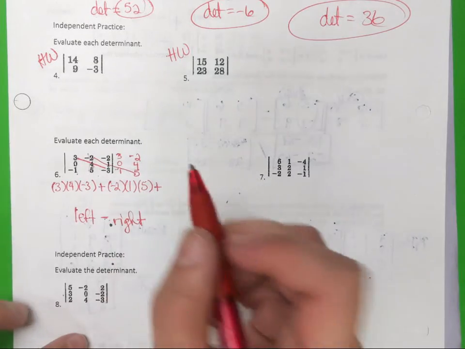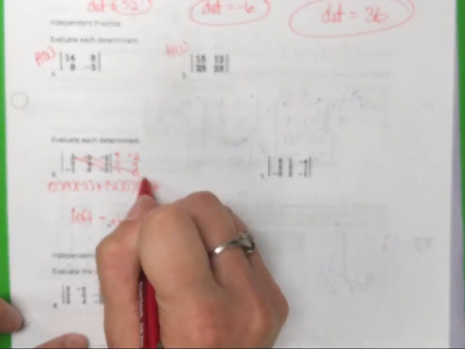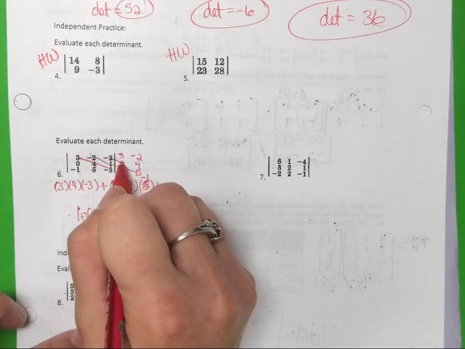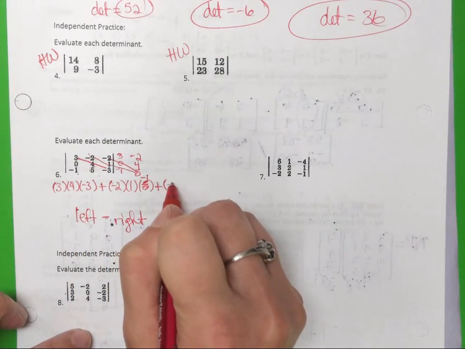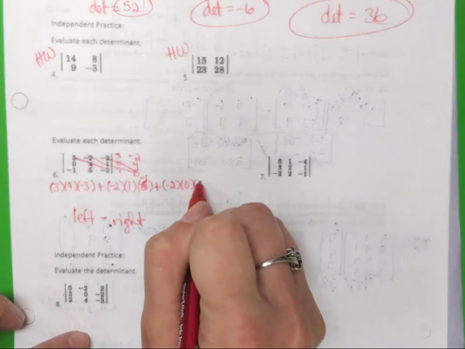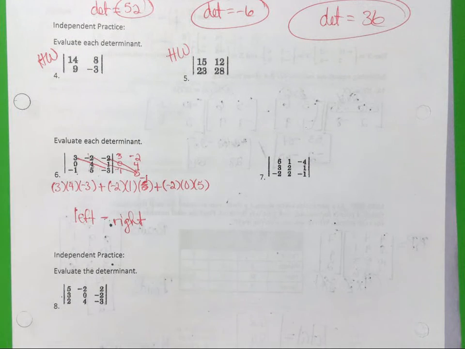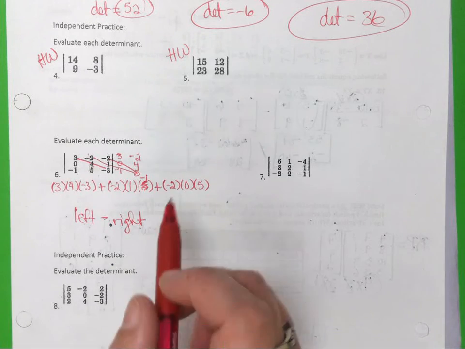So negative 2 times 1 times 5. No, that's negative 1, I'm sorry. Negative 1. And then 2 times 0 times 5. Negative 2. Hold on, let me get this done. No, just the ones with 3 in them. Yep, times 0 times 5.